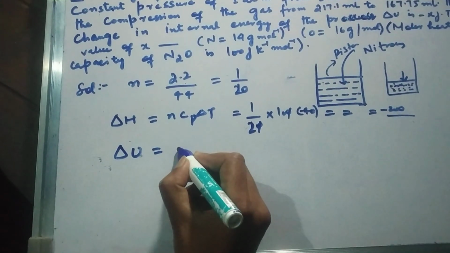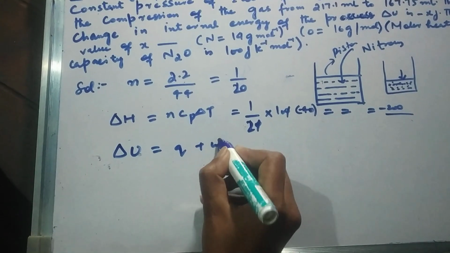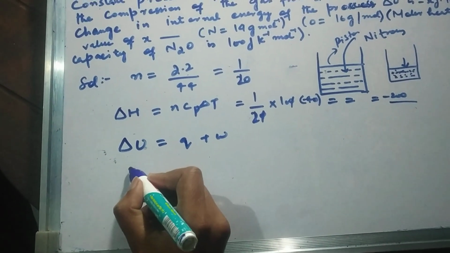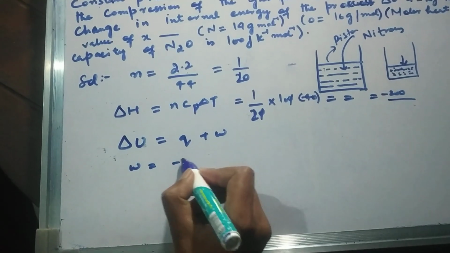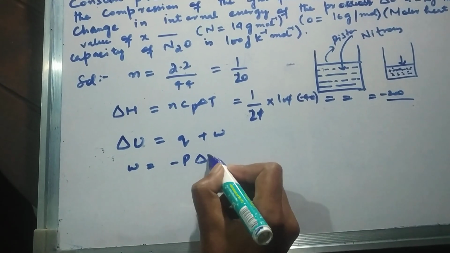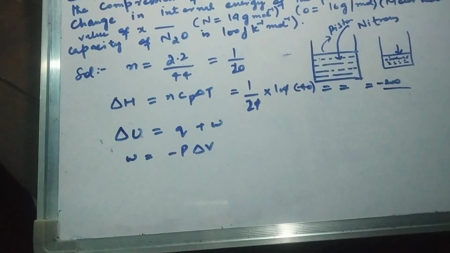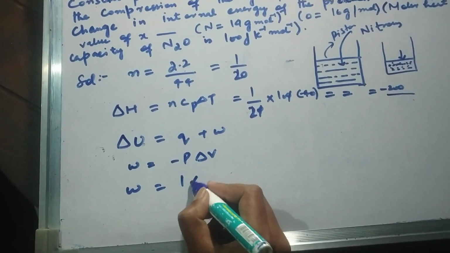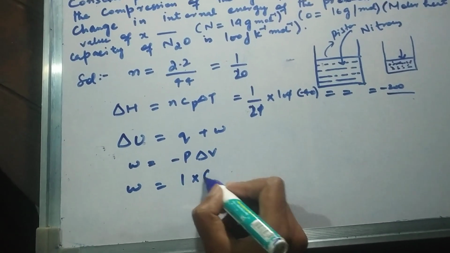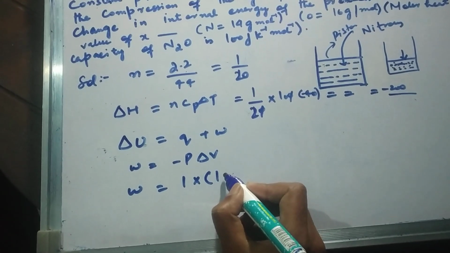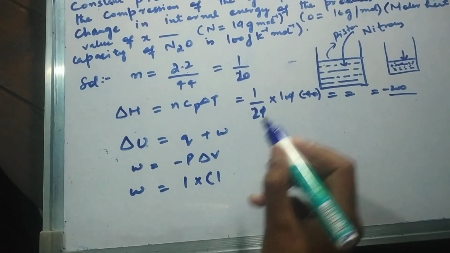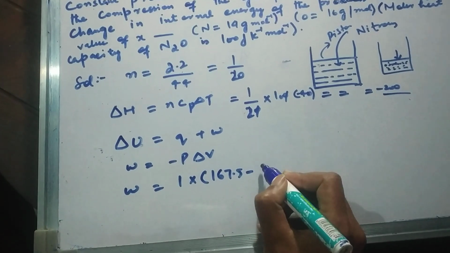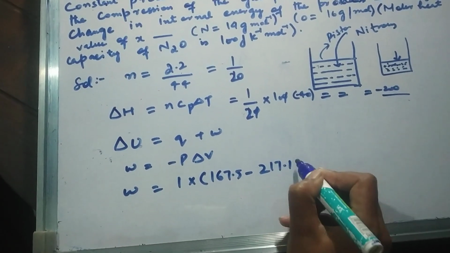dU is equal to Q plus W. W is equal to minus of P dV. Pressure 1 atm, 1 into 167.5 minus 217.1.